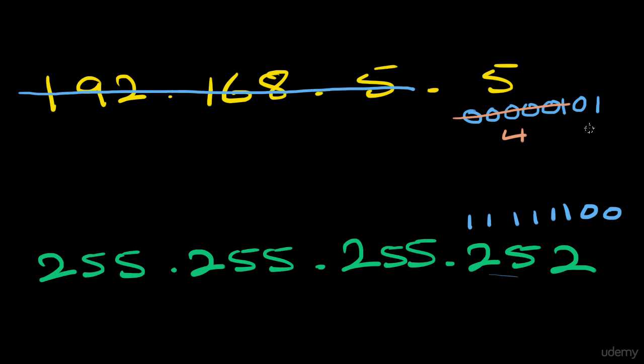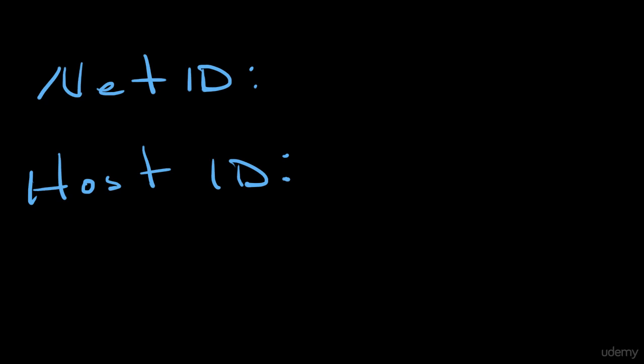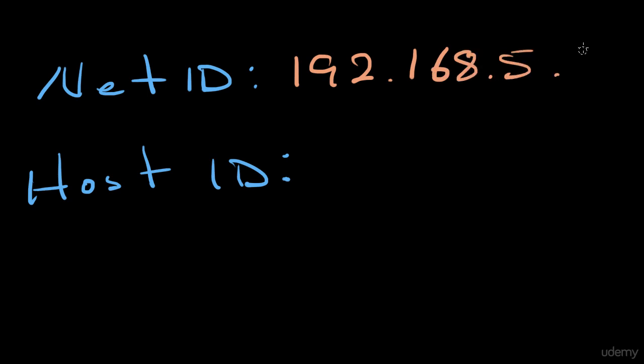And the last 2 bits are host ID, and the value being carried there is 1. 4 plus 1 is 5. To write this out clearly, the network ID is 192.168.5.4, and the host ID is .1.